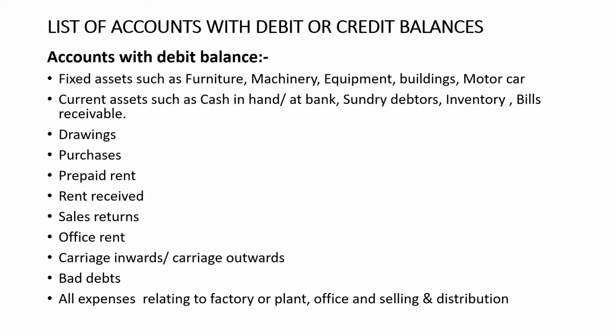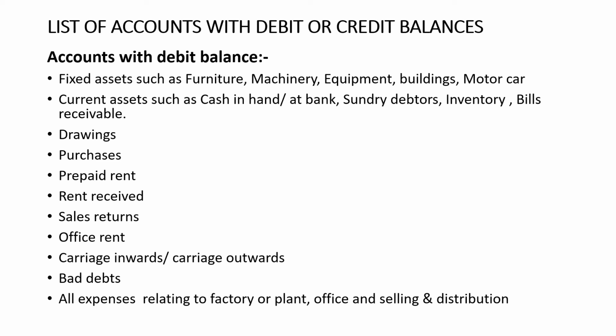In ledger accounts, after closing, whatever balance you get on the debit side will be a debit balance, and whatever you get on the credit side will be a credit balance.